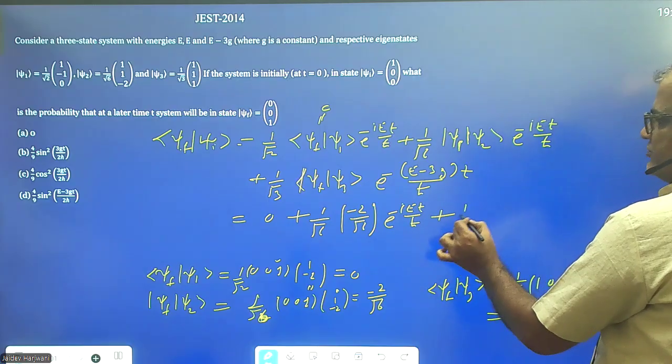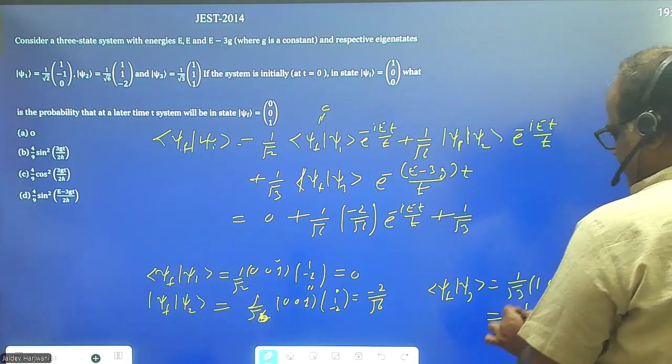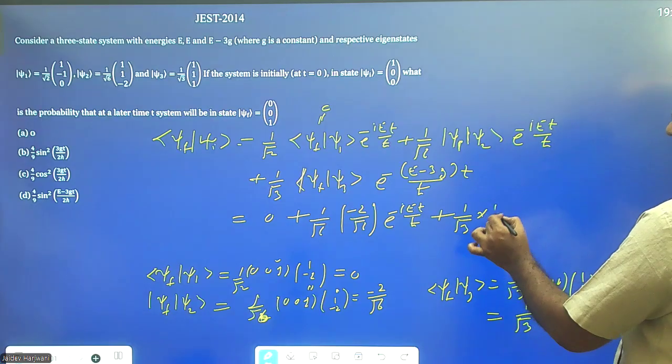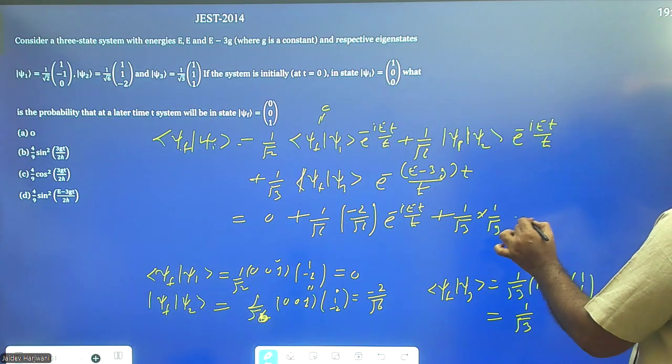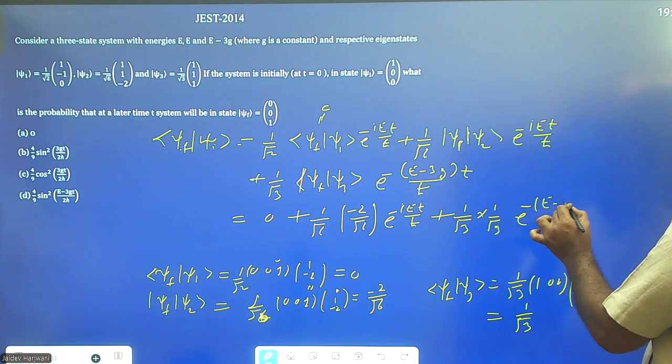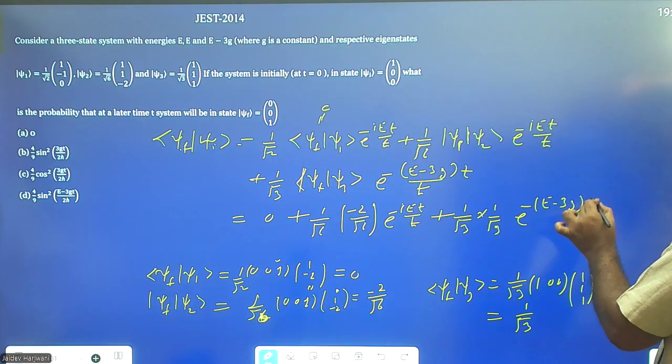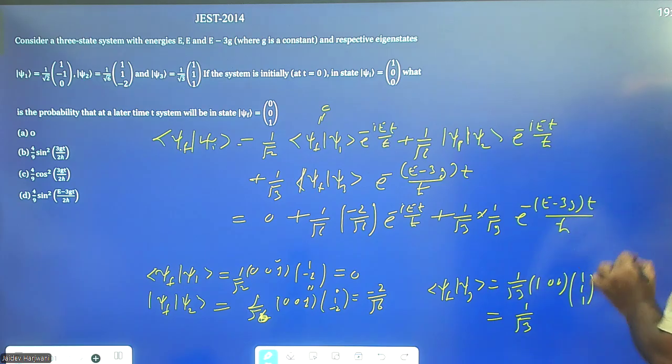And then the last term is 1 by root 3, and this is also 1 by root 3. So 1 by root 3, 1 by root 3, and you have e power E minus 3g t upon h cut.